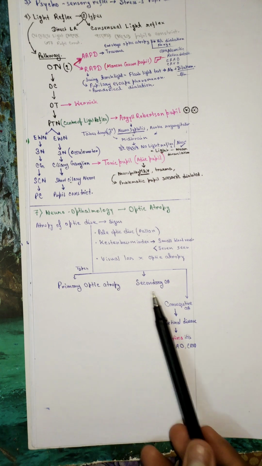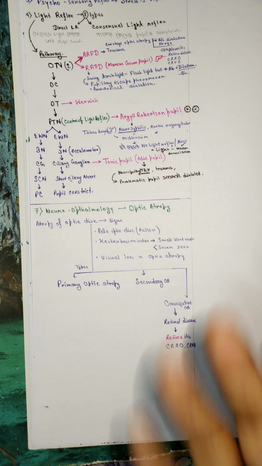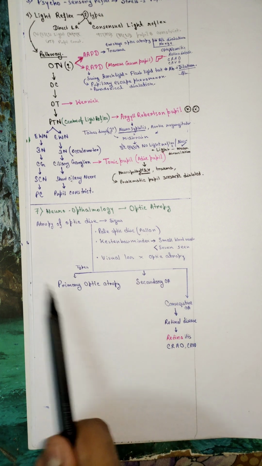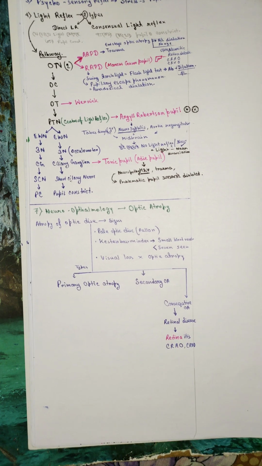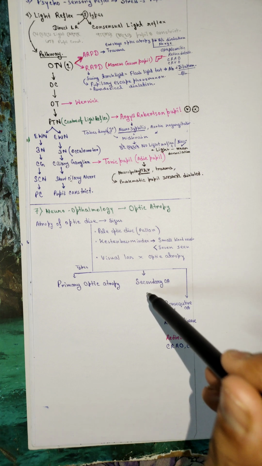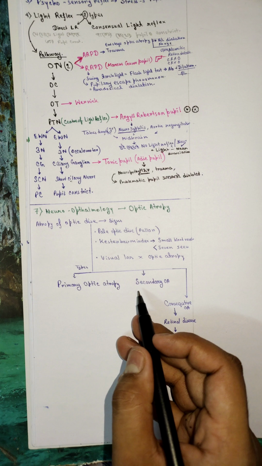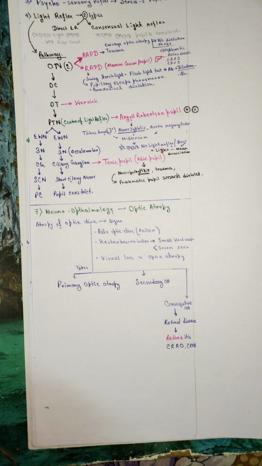Now comes the primary and secondary. Primary means optic atrophy without any preceding optic disc swelling. It is happening for the first time. Secondary means there is some other cause, a consequence causing optic atrophy in this case. That means in existing optic disc swelling, that's why optic atrophy is happening.